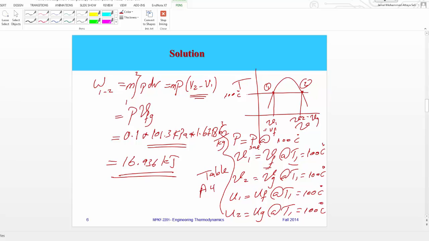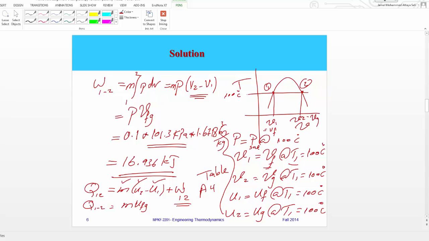Now, if you have the work, of course, it wouldn't be difficult to calculate Q, because Q1 to 2 is M times (U2 minus U1) plus the work from 1 to 2, right? And the work we already calculated here, and this we have, and this we have, so we can calculate Q. So Q1 to 2 equals M Ufg. I write it as Ufg because U2 is Ug and U1 is Uf.